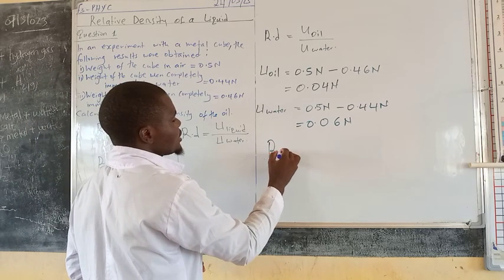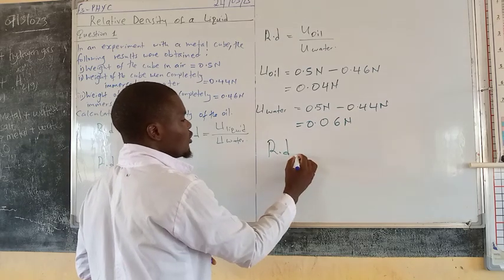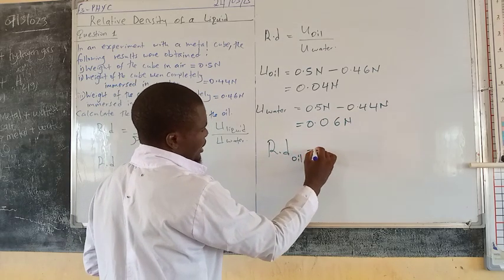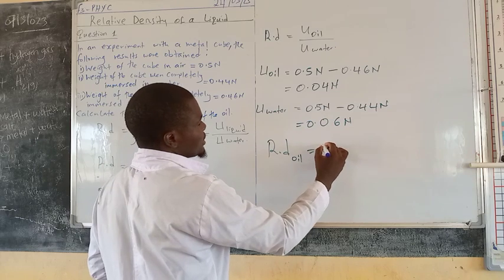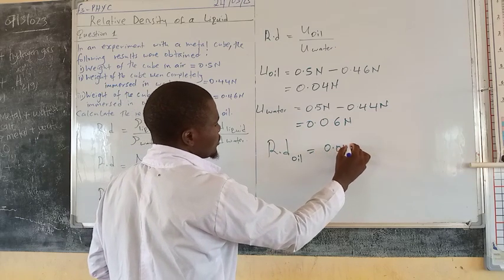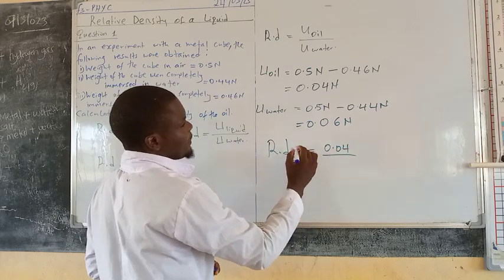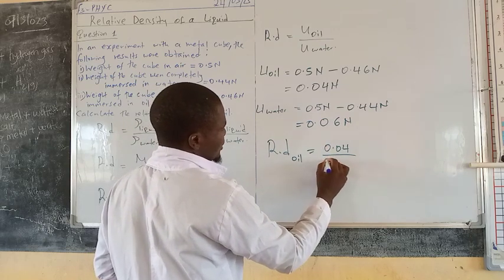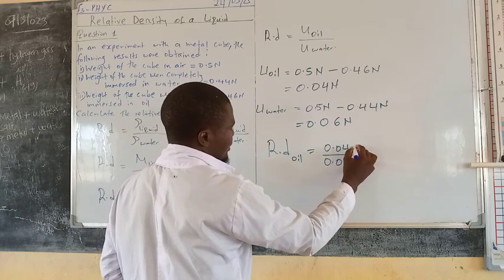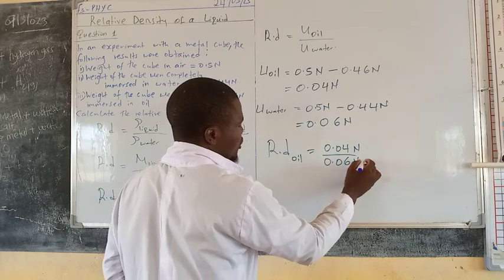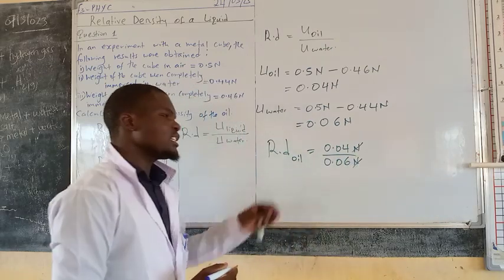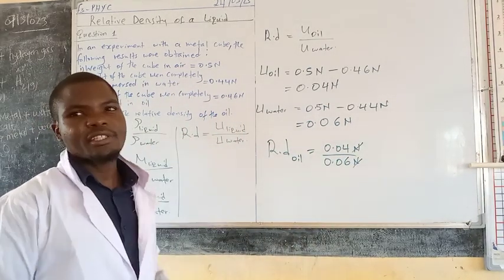So relative density of oil equals upthrust in oil, which is 0.04, divided by upthrust in water, which is 0.06 Newton. So Newton cancels Newton. Relative density is a ratio, so it is unitless.